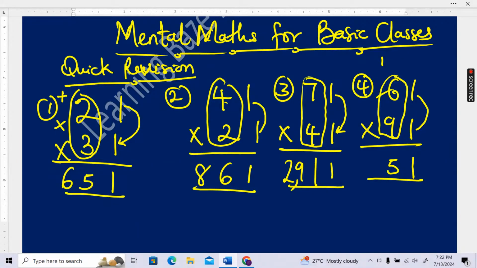Then let's multiply 6 by 9. 6 times 9 is 54. 54 plus the 1 that was carried, that is 55. So 61 times 91 is equal to 5,551. So this was what we learned in the previous class.